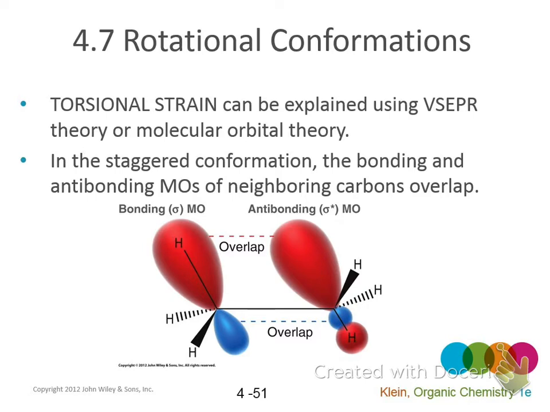If you have it staggered like this, you have to think about what the orbitals look like for these two. There's a bonding orbital here and an anti-bonding orbital that sticks out of the back here, and it turns out that the overlap between the bonding and anti-bonding orbitals is better between the two atoms if it's like this.